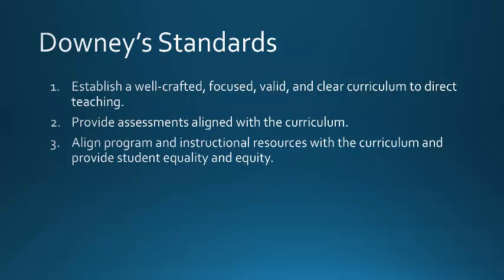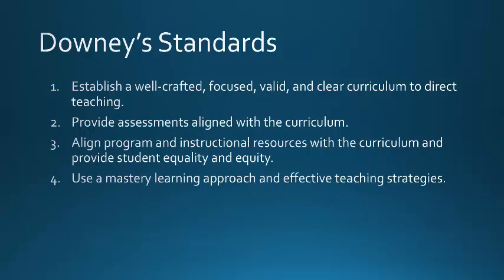The third standard would be aligned program and instructional resources with the curriculum and provide student equality and equity. So this is where we would go in again at the next level and look at those resources and make sure that they align as well with the written and taught curriculum.